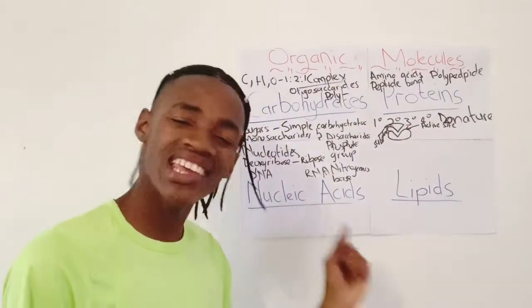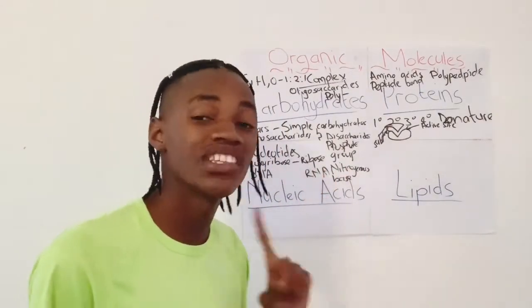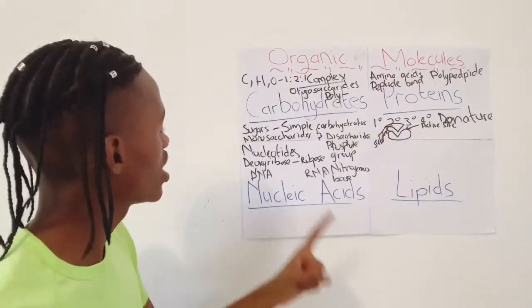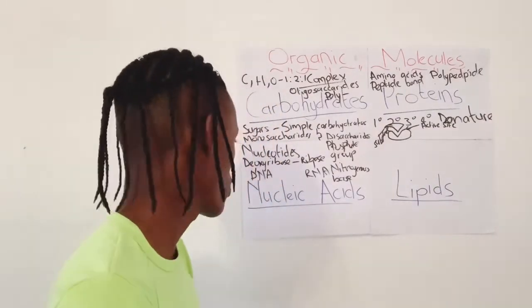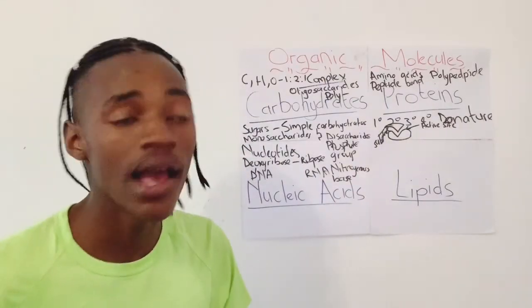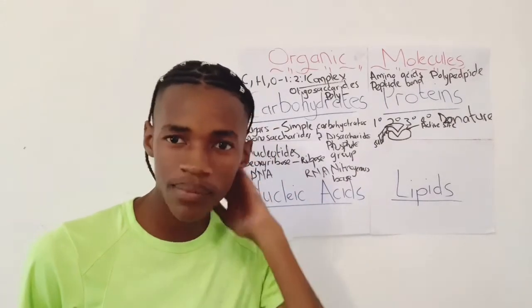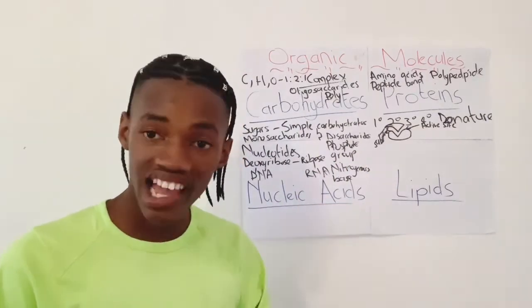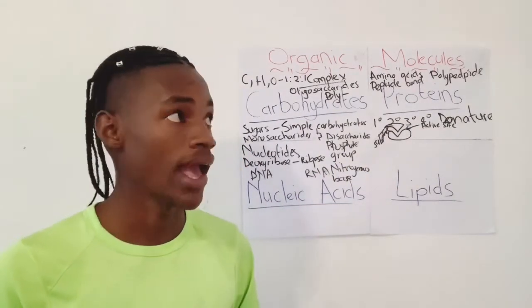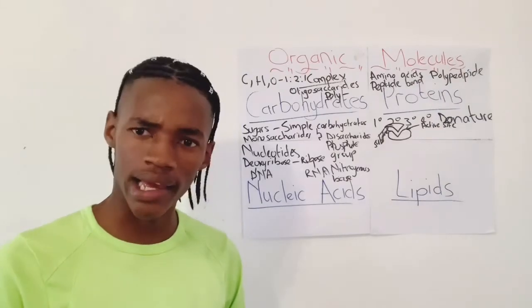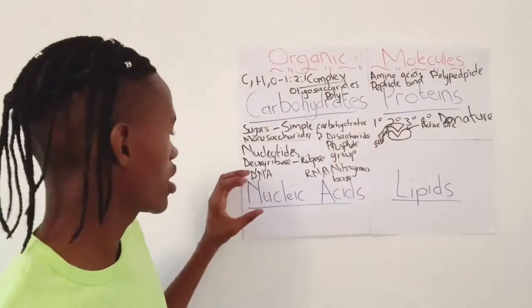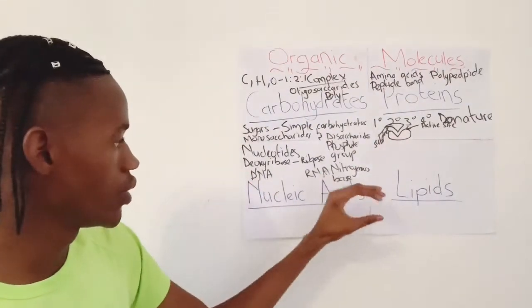And then in RNA, you have the nitrogenous base uracil, which is different from the nitrogenous base found in DNA, that is thymine. But they also share the same other nitrogenous bases, which are cytosine, guanine, and adenine. Yes, adenine. And those are nucleic acids.